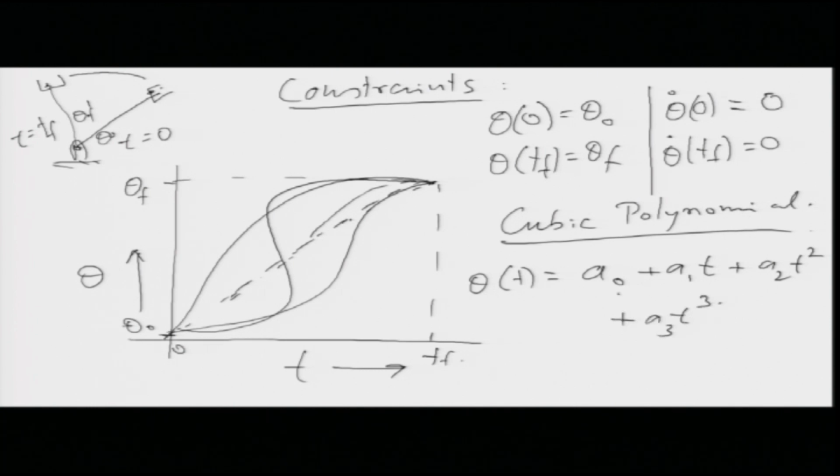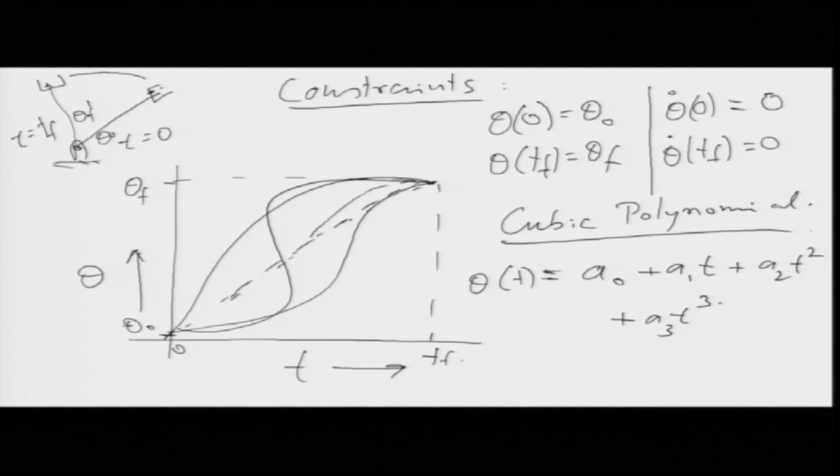So, we have 4 constraints and 4 constants a naught, a1, a2 and a3. For each constraint we can get one equation, and by solving them we can find the values of a naught, a1, a2, a3. This is a cubic polynomial of order 3.